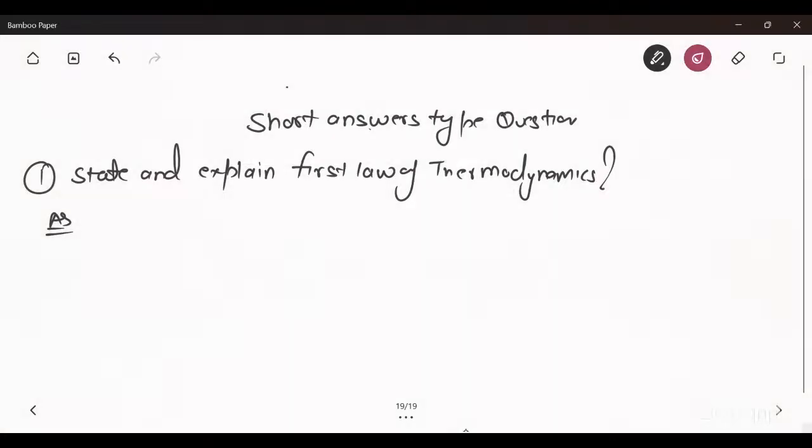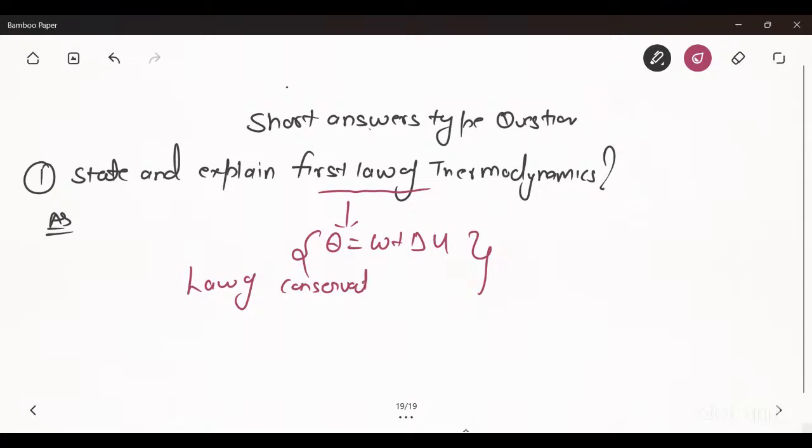See the video on thermodynamics. The first law of thermodynamics says that heat supplied to the system is equal to the work done plus the change in internal energy of the system. This is the first law of thermodynamics, and it is based on the law of conservation of energy. See the previous class on thermodynamics, where I described the first law in detail.